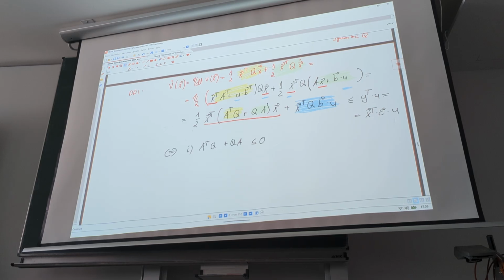Okay, that's the first condition. And the second condition, Q times B equals C. Okay. And if you compare this to the Lyapunov stability theory, if you remember, what did we get there for asymptotic stability?